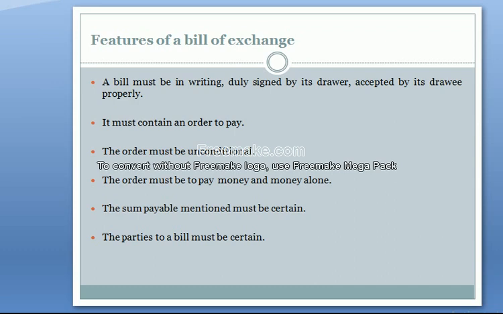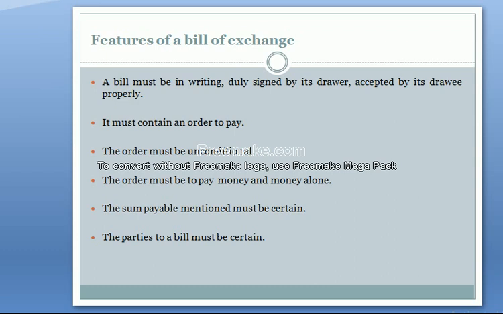Another feature is that the parties to the bill of exchange must be certain, must be specified. That should be mentioned. You know, who makes payments to whom? Clear?